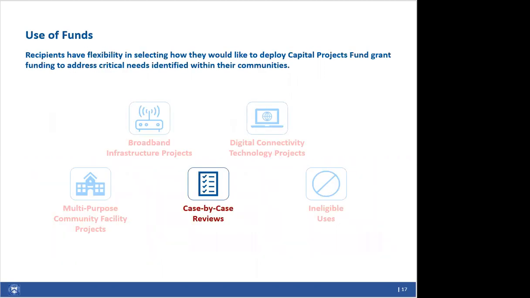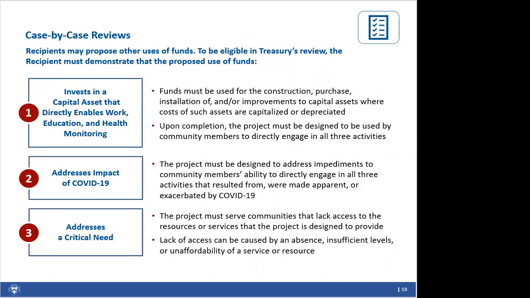So for all other projects, recipients will need to show that they meet the statutory requirements on a case-by-case basis. So a little bit more on that. Recipients may propose other uses of funds for capital projects grant funding. And any projects proposed for case-by-case review must meet the three criteria that we outlined earlier.